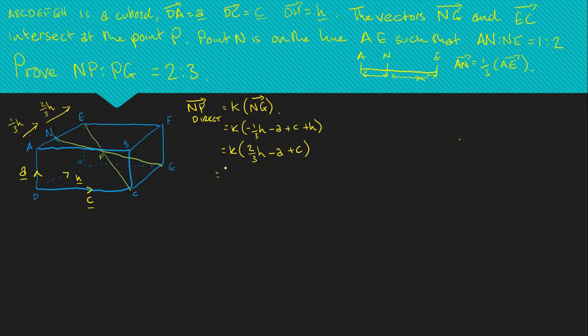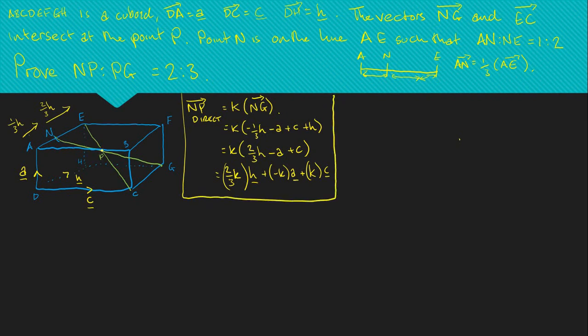And so we've got 2/3 k of H minus k of A. It's a good idea to put pluses in there and just factor the negative into the bracket. It makes things a little bit easier to go along with. Plus k lots of C. Alright, so that's NP directly. That there is one chunk of work, and that's really important to get.